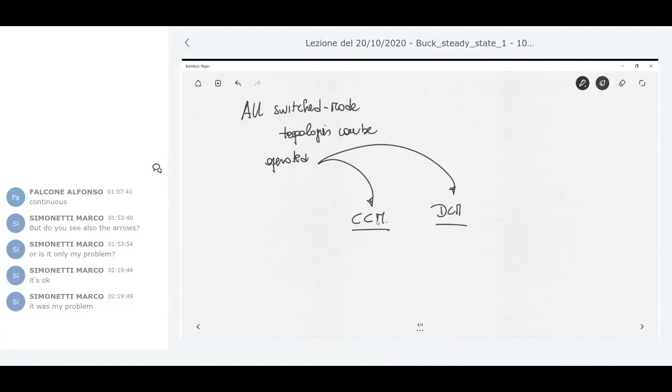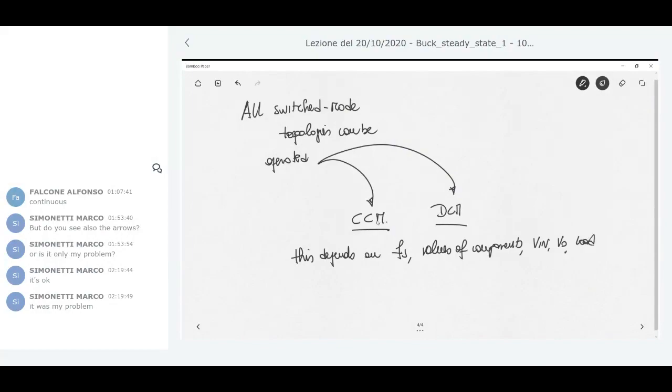This does not depend on the circuit. You do not have to change something in the circuit to make it operate in CCM or DCM.